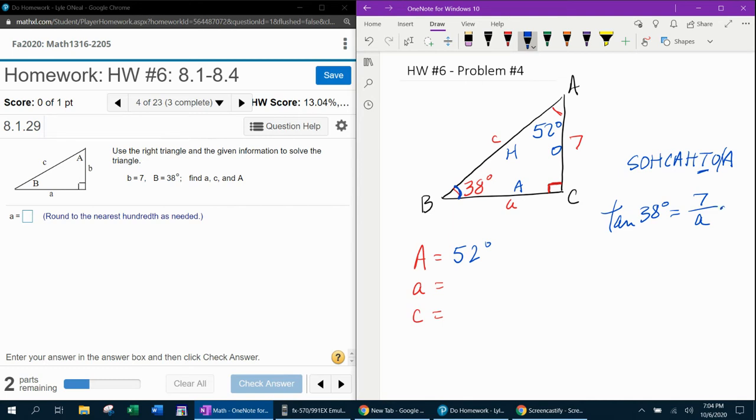So we're going to multiply both sides by a to get rid of my fraction. That's going to give me a tangent 38 equals 7. And then I'm going to divide both sides by tangent 38 to get little a by itself. And that's where the calculator comes into play.